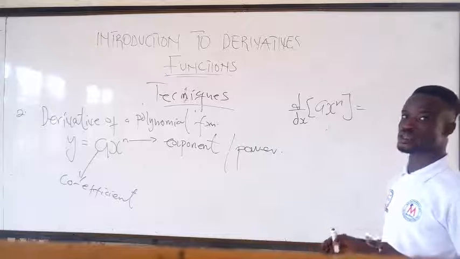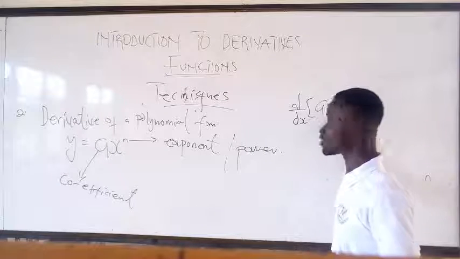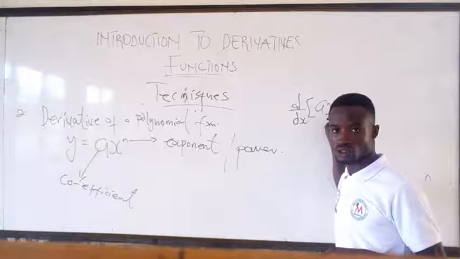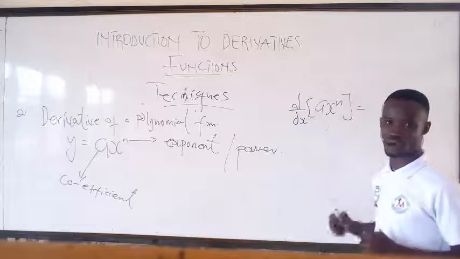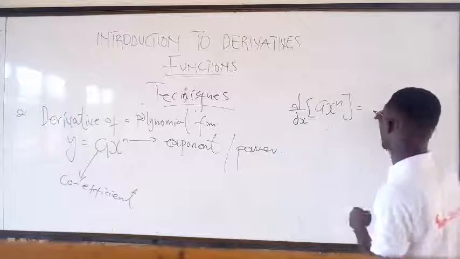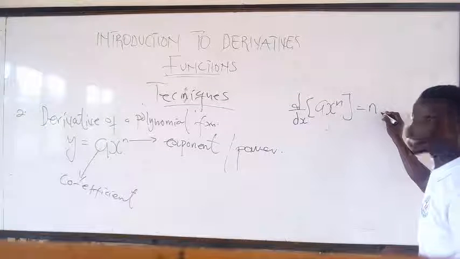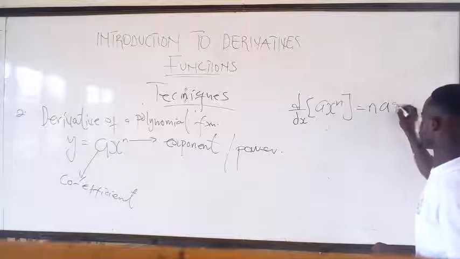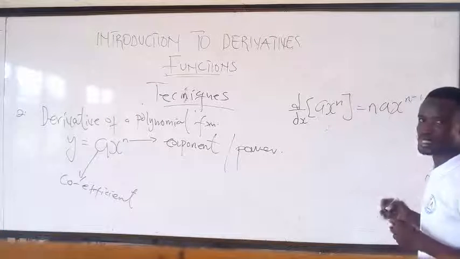Simple, in this way. Watch me more. We have the coefficient and we have the power. So you just say that multiply the power by the coefficient and subtract 1 from the power. Simple. So you multiply the power by the coefficient, repeat the x value and subtract 1 from the power.